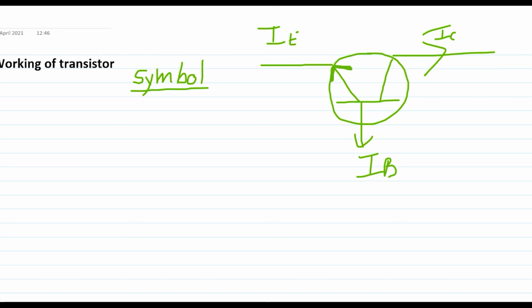Okay, this is the emitter side, this is the collector side, this is the base. So this is the symbol of NPN transistors.